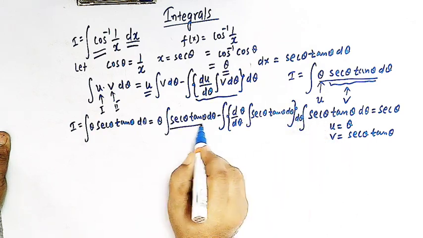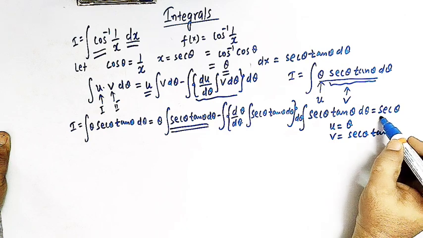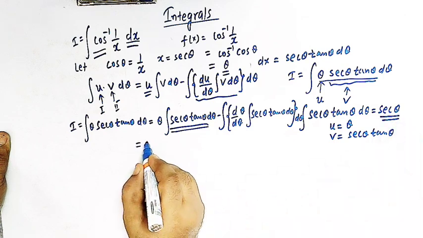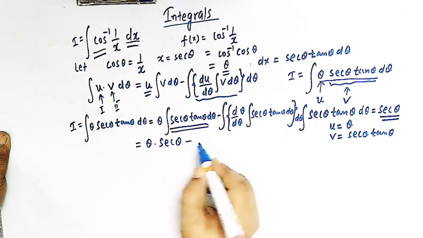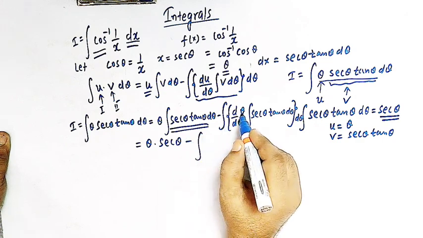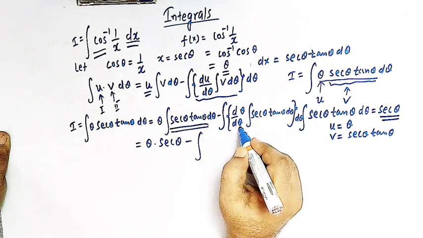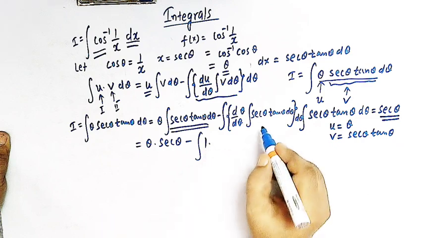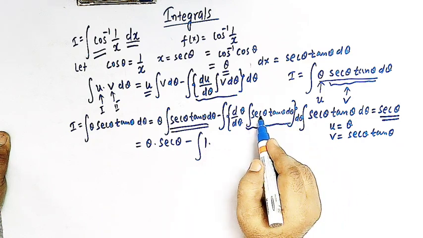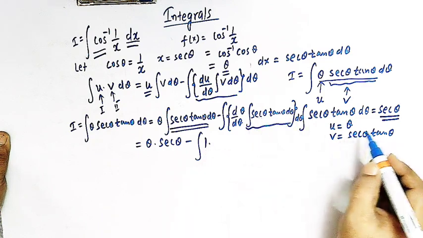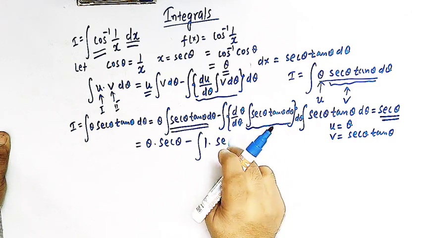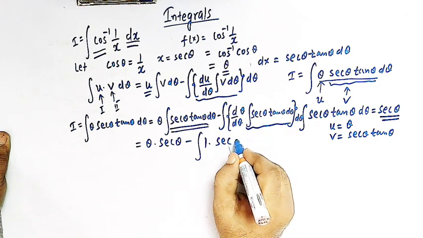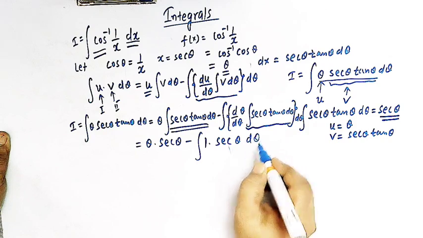Now this integral is equal to secant theta. So we have theta times secant theta minus the integral. The derivative of theta with respect to theta is 1, and the integral of secant theta tan theta is equal to secant theta, right? So here we can write secant theta d theta.